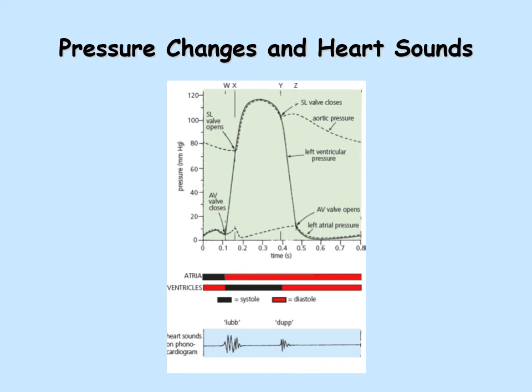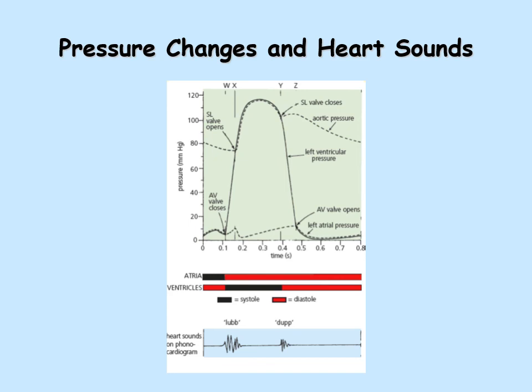Now, when that blood is being pushed out, you can see on the graph just after 0.4 seconds that the semilunar valves close, the SL valves close. And why are they closing? Because the pressure in the aorta is greater than the pressure in the left ventricle. So that's the reason why they close.